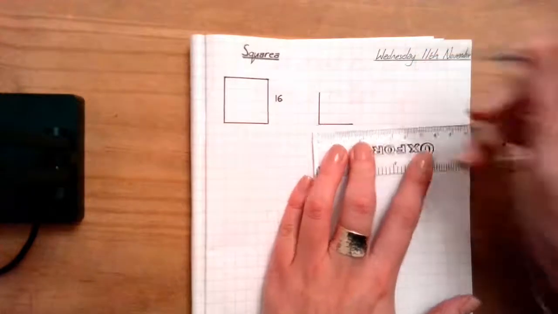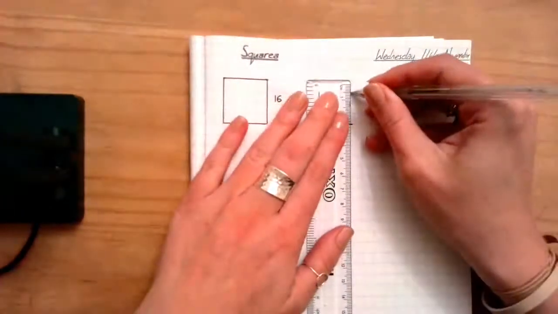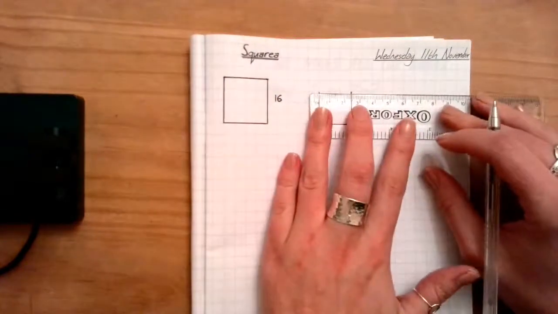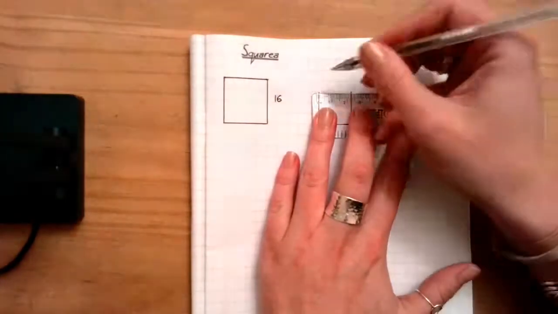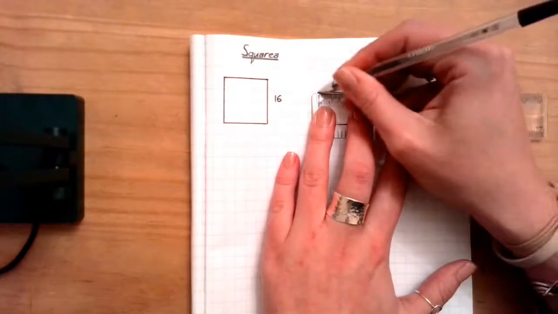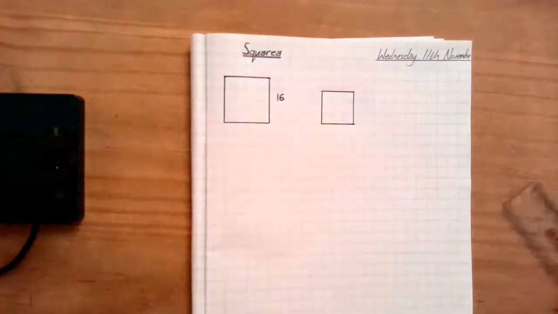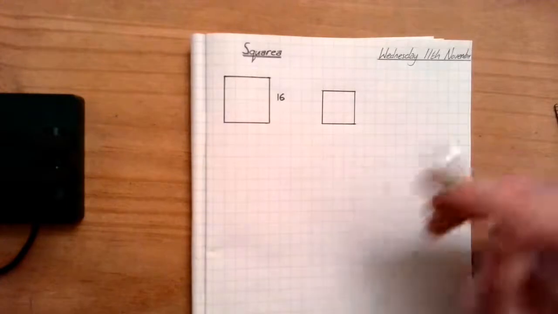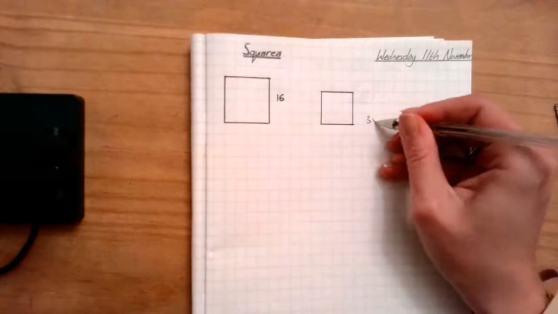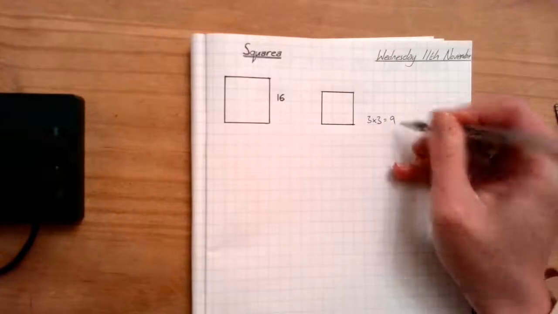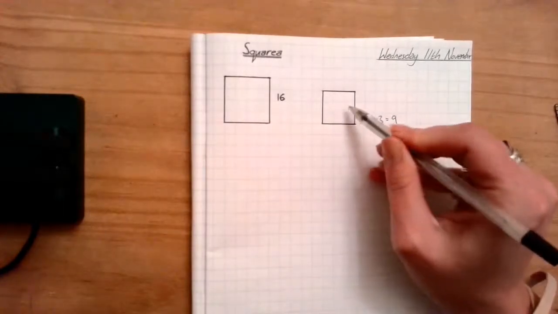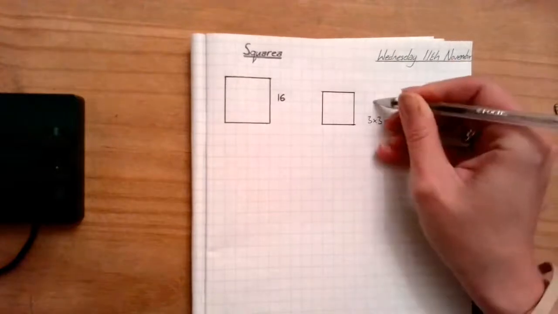So here you've got another 3 here. I'm doing it with a nice thick pen so you can see it on the visualizer, but you can use a pencil or a pen, preferably a pencil because that's usually neatest. So I've done 3 by 3, which means I could do 3 times 3 is 9, or I can count the squares again. 1, 2, 3, 4, 5, 6, 7, 8, 9. 9.